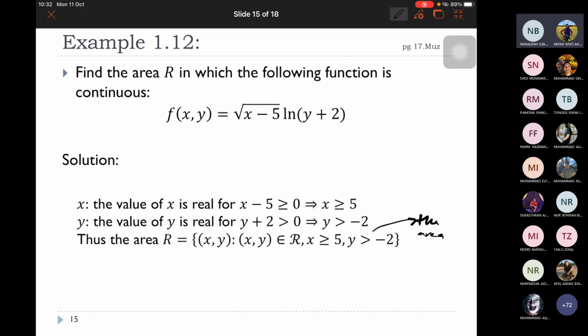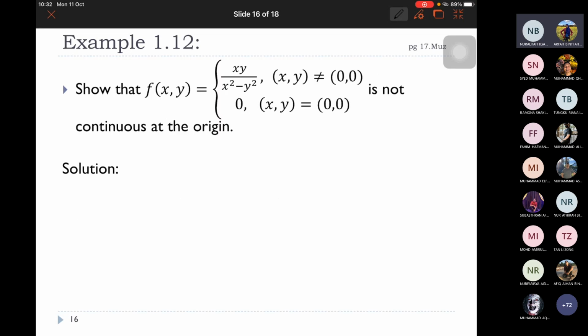So the next one, kita ada show that the function of xy equal to xy divided by x squared minus y squared by which x dan y tidak sama dengan kosong. Okay. And then 0 elsewhere is not continuous at the origin.